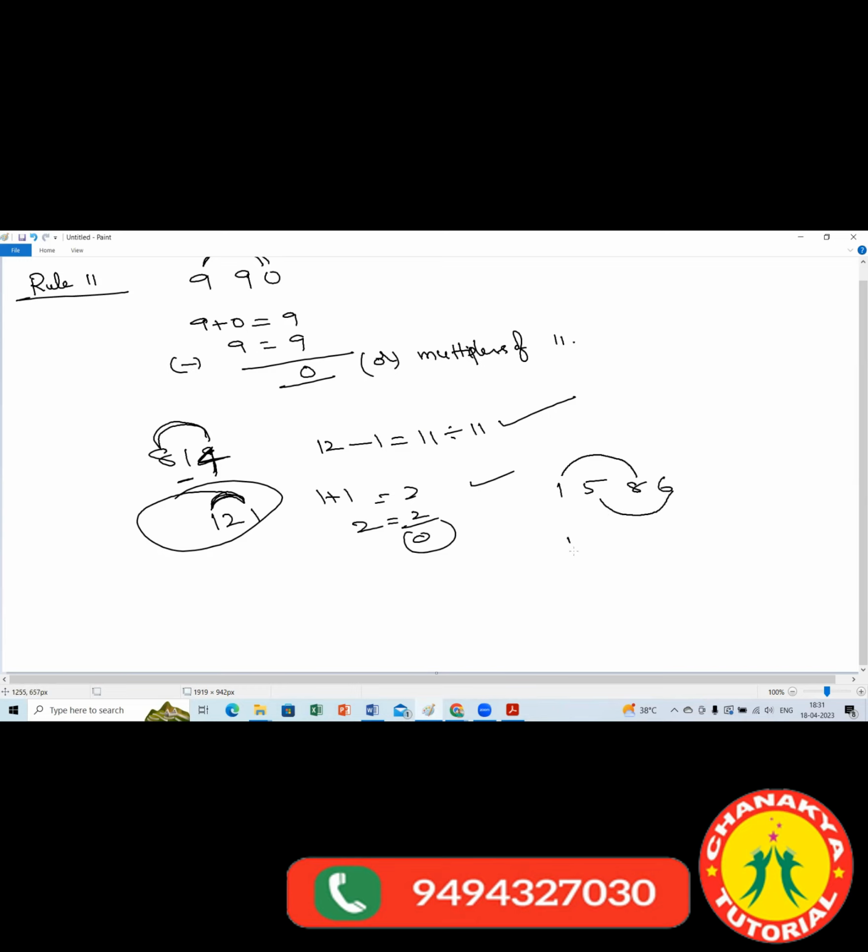Alternate means leave one and take one. So these are the alternate digits. You have to sum up the alternate digits. 1 plus 8 is 9. 5 plus 6 is 11. The difference of 11 and 9 is 2. Will 2 come in the 11 table? No. So rule 11 is not true.